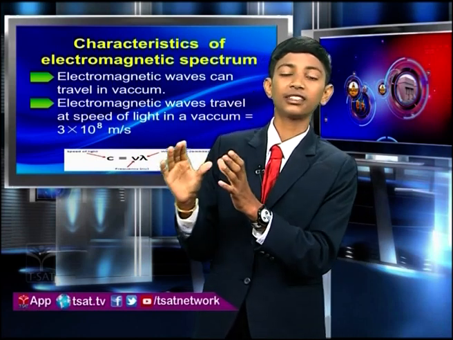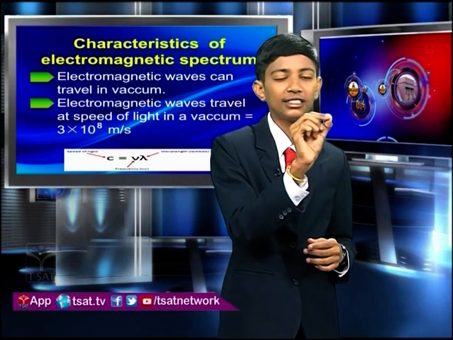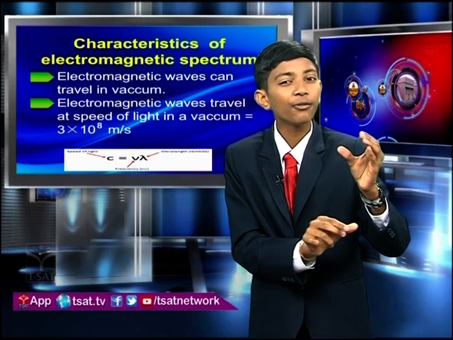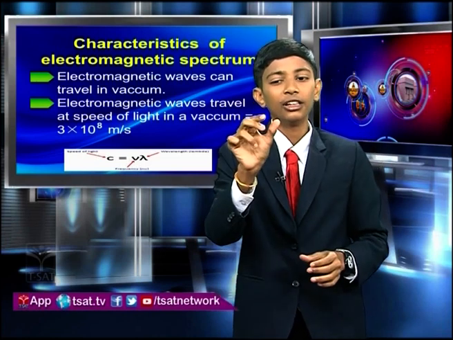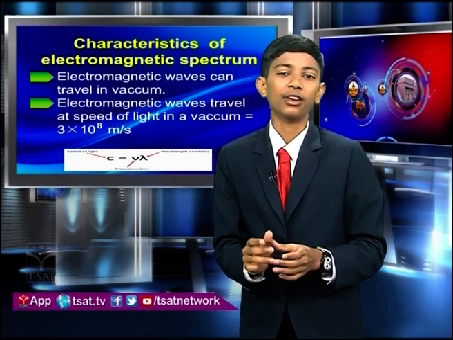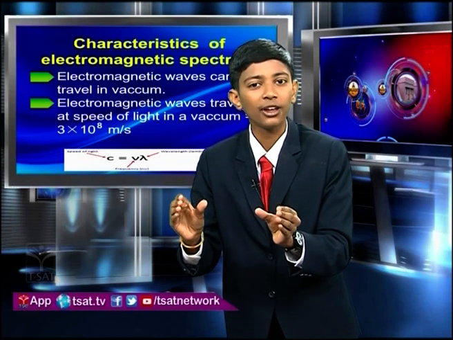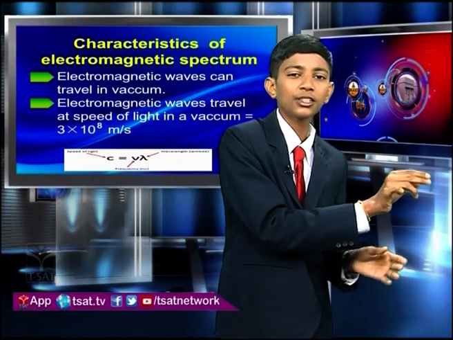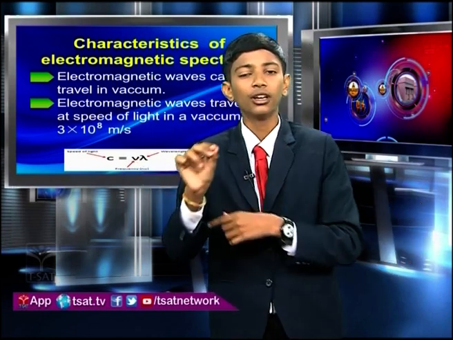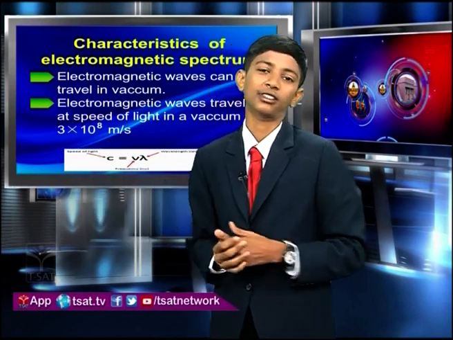From this characteristic, we get the formula C equals nu lambda. Here C means the speed of light in vacuum, lambda means wavelength, and nu means frequency. The product of frequency and wavelength is equal to the speed of light in vacuum, which is the constant value 3 times 10 to the power of 8 meters per second.